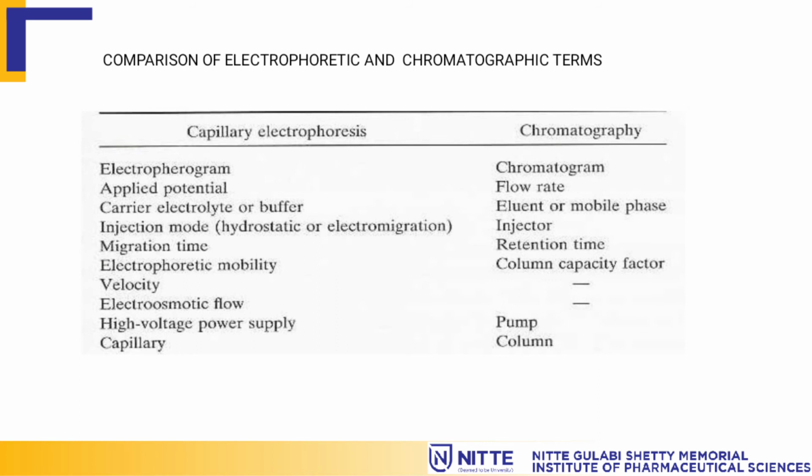There, electrophoretic mobility governs here, and there is a column capacity factor, which still has to be discussed. I will discuss the column capacity factor in the coming classes, when I go to HPLC or gas chromatography. And here a high voltage power supply is needed. There you have a pump, and here there is a capillary instead of a column.